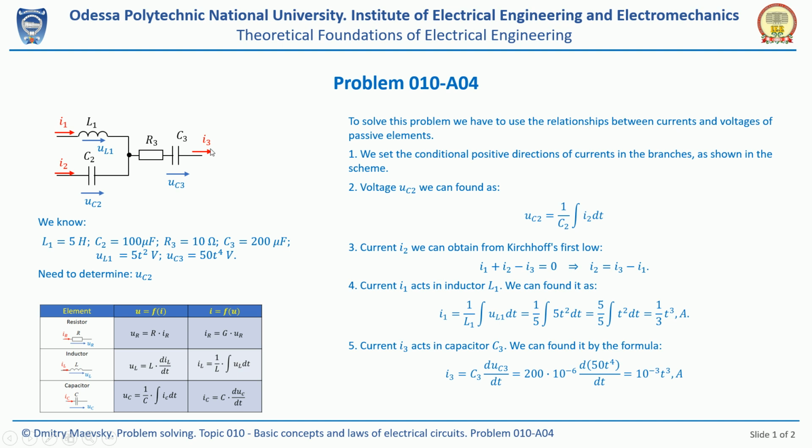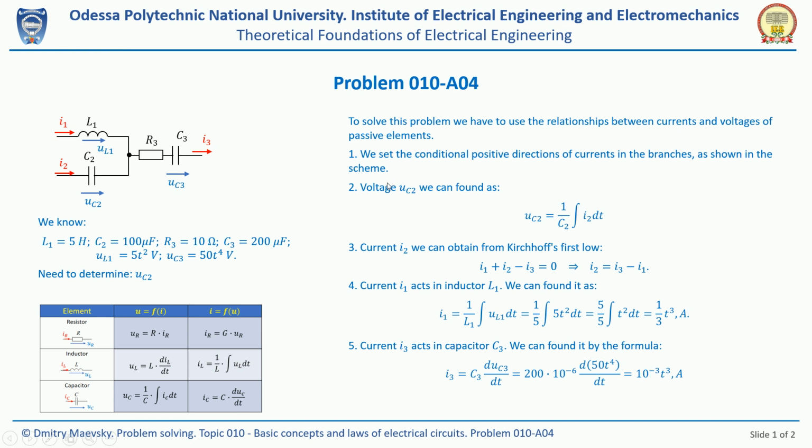When we have directions of each current, we already have voltages in each passive element. And you might remember voltage and current on passive elements has some directions.